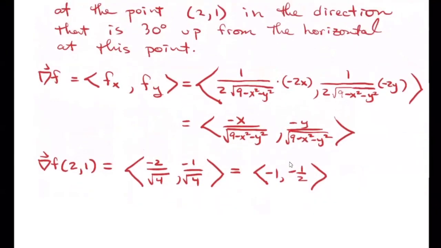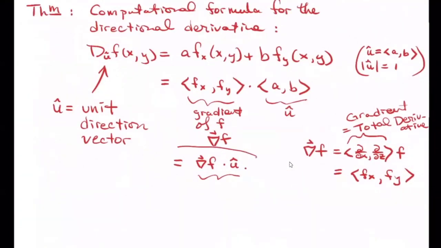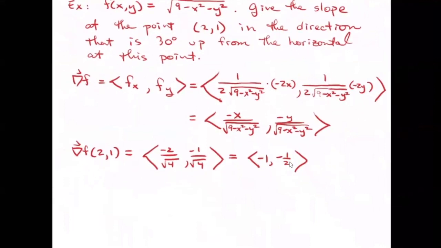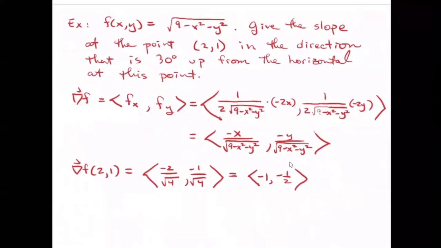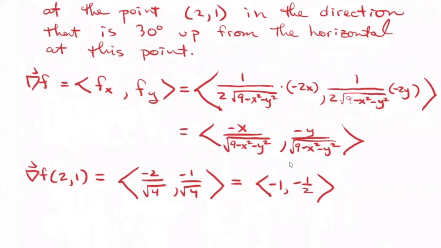And remember the directional derivative, I'll go up again. The directional derivative is just the gradient of f dotted with a unit vector. So we need a unit vector. Now that's going to give the direction. Remember, this is a directional derivative. I've got the total derivative. Now I need a direction. So the direction is 30 degrees up from the horizontal.